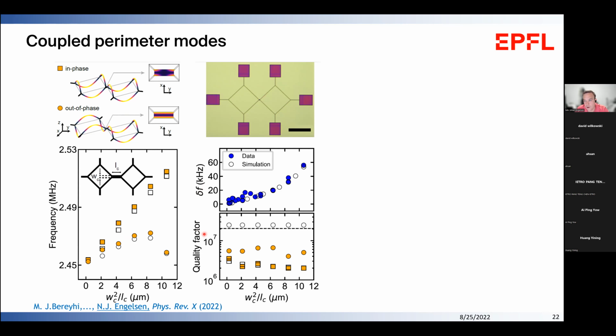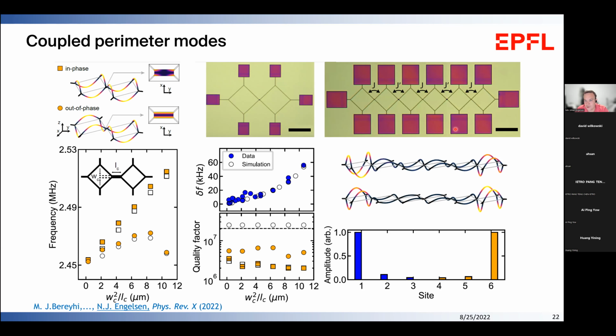system. We also made a chain just to show some kind of SSH model. So here we alternate the coupling between the polygons, and according to the simulation, we should get edge modes that have either an in-phase or out-of-phase component at each edge.